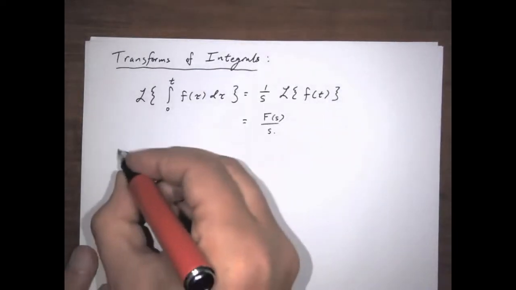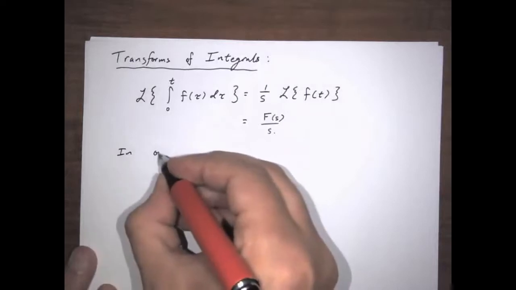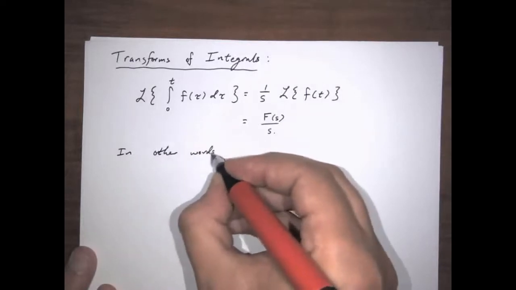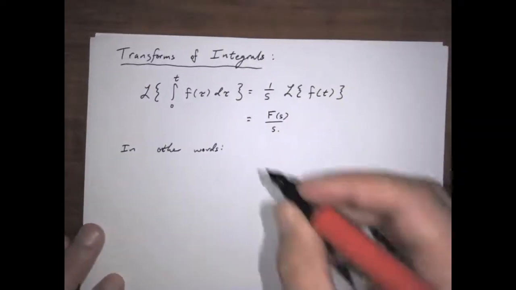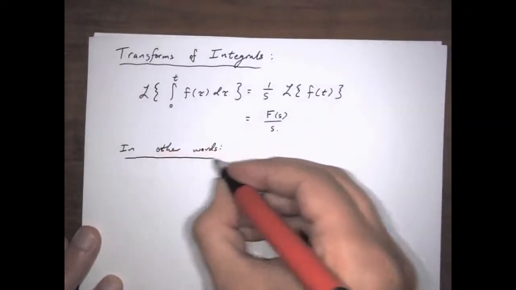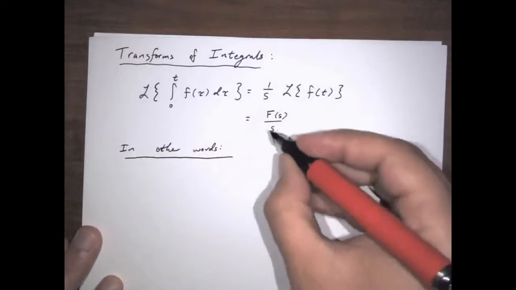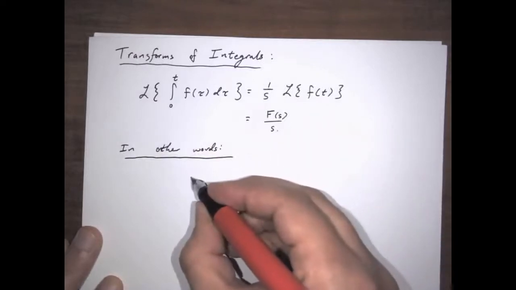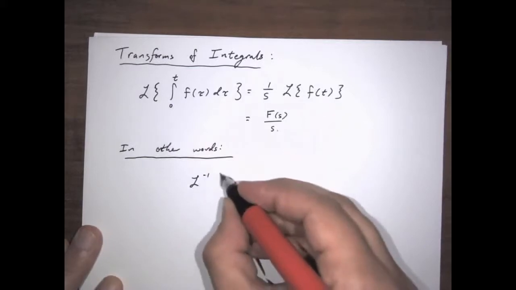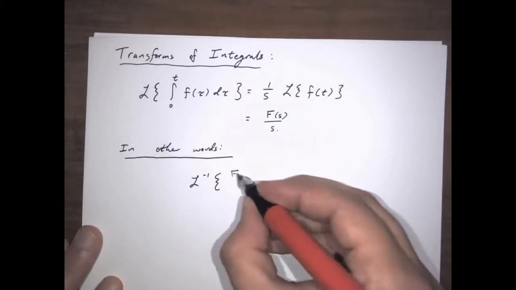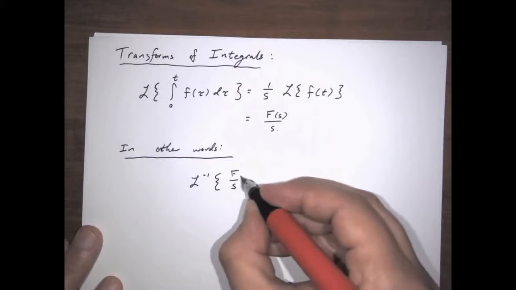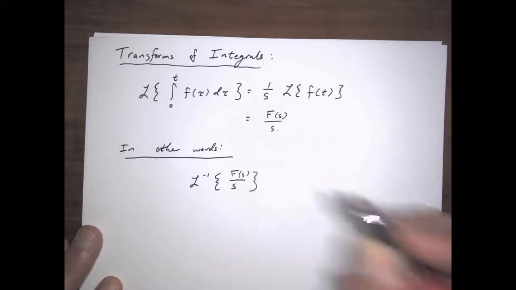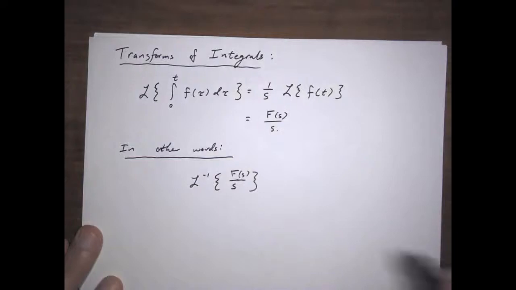So in other words, if we have something that looks like one that we know but is divided by s, and we're trying to take the inverse Laplace transform of that, so we know what this would have been like if it didn't have a factor of s on the bottom.